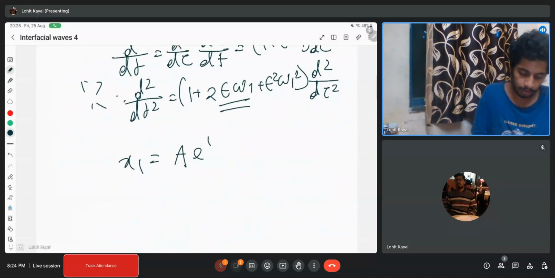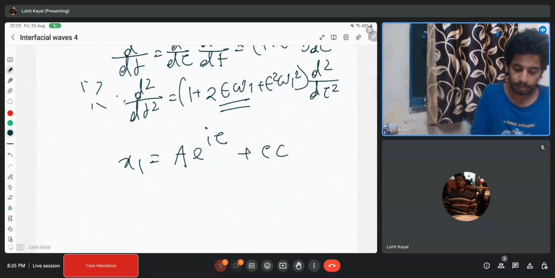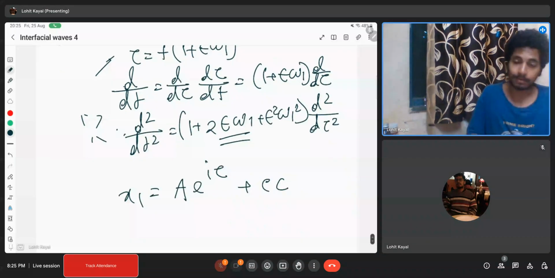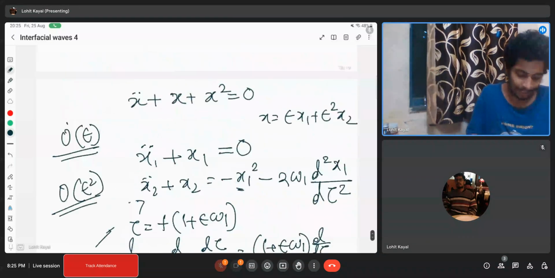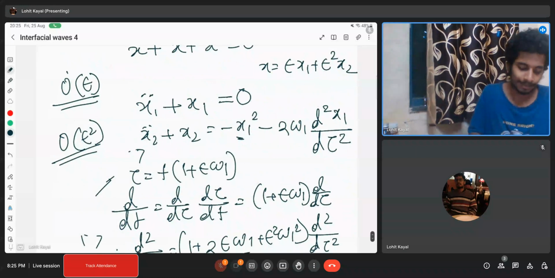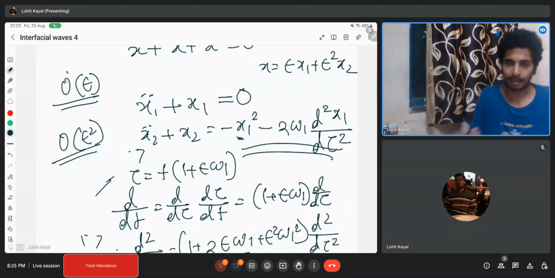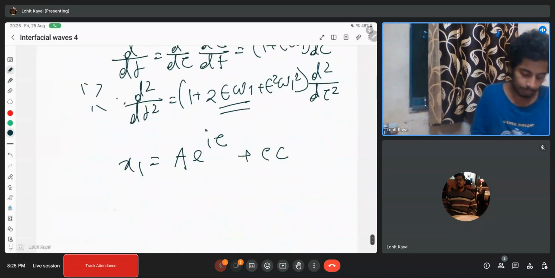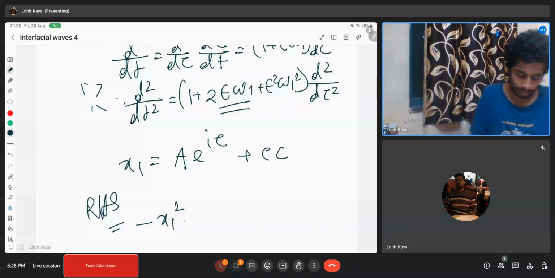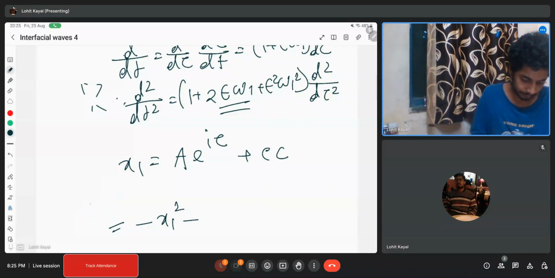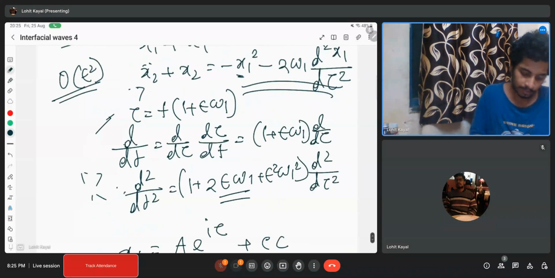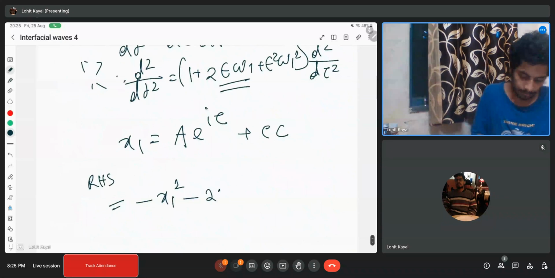The solution is e to the power I tau times a, plus some constant, sorry, not constant, the complex conjugate. Now I have to substitute it, and the problematic term will appear on the right hand side. So I will do the right hand side calculation: RHS equals minus x1 square minus 2 omega naught 2 omega 1 d square x1 d tau square.